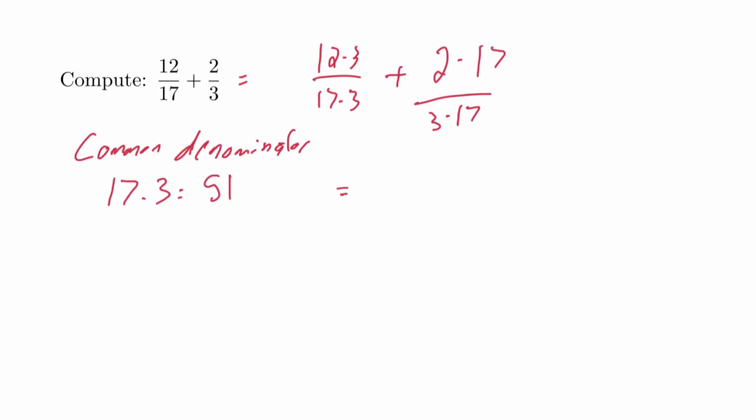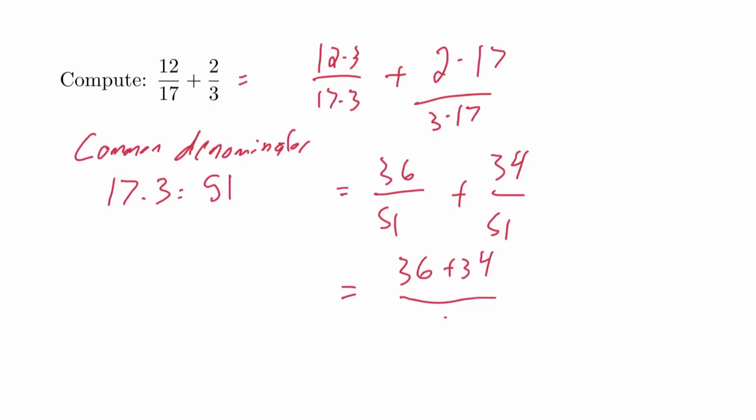So 12 times 3 is 36 over 51, and 2 times 17 is 34 over 51. And now I add the numerators. And what is 36 plus 34? That is 70, divided by 51.